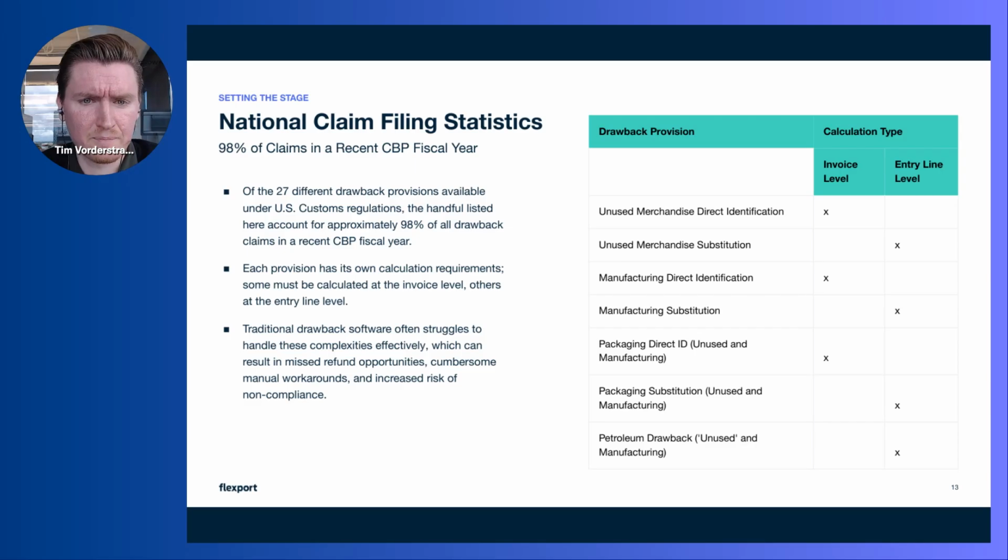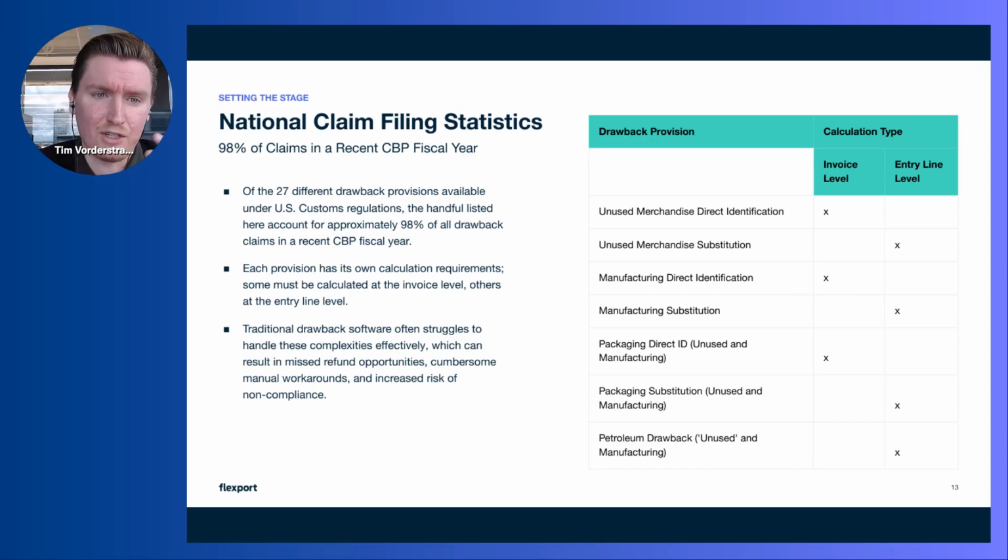And traditional software often struggles handling the complexities of one or the other. There are a lot of times where companies who have multiple types of drawback employed, for example, unused merchandise direct identification and unused merchandise substitution, maybe even manufacturing, execute those programs through various workarounds, which introduce significant risk of non-compliance and also produce a higher degree of opportunity for suboptimal claims, right?